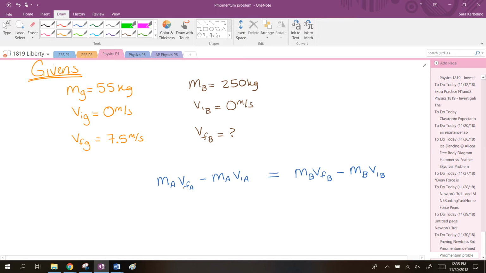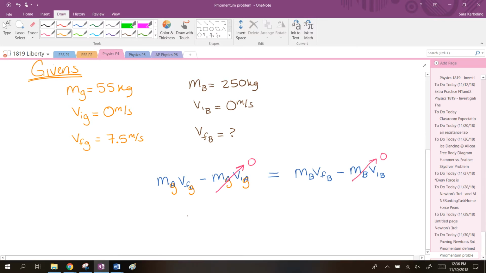Let's change these to G's. Because the velocities are 0, aren't they? So let's get rid of them. That makes this equation look so much less scary.